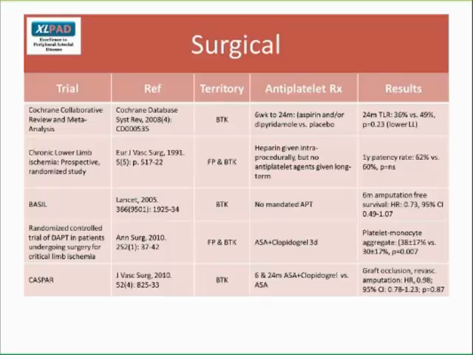The most important study that one needs to know about surgical intervention is the CASPAR study. I think this is a 6-month versus 24-month randomized study of 400 patients comparing aspirin plus clopidogrel to aspirin monotherapy, with the primary endpoint of graft occlusion, revascularization, and amputation above the ankle, again showing no effect of shorter versus longer duration of dual antiplatelet therapy.